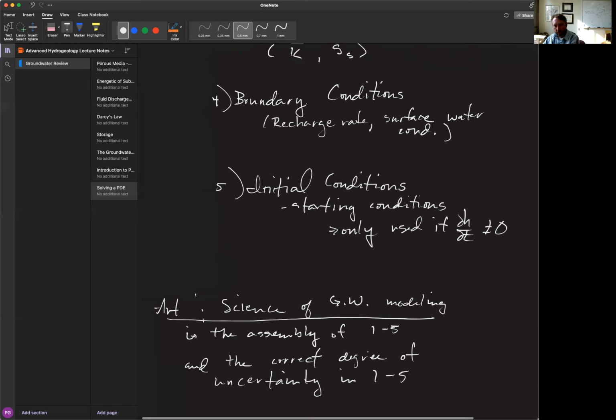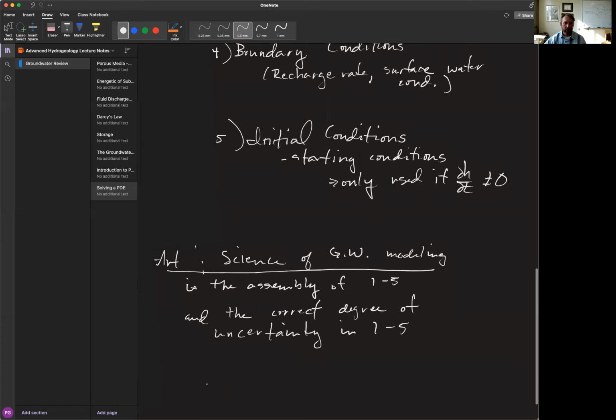And then finally, making sure that our ingredients solve the question we're interested in solving.